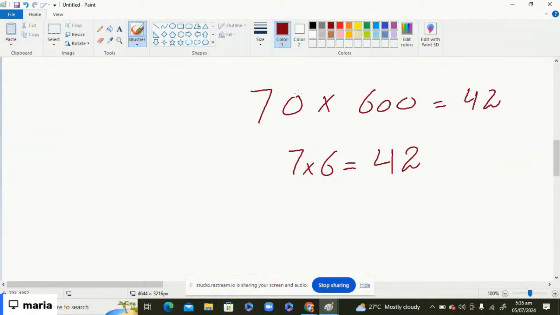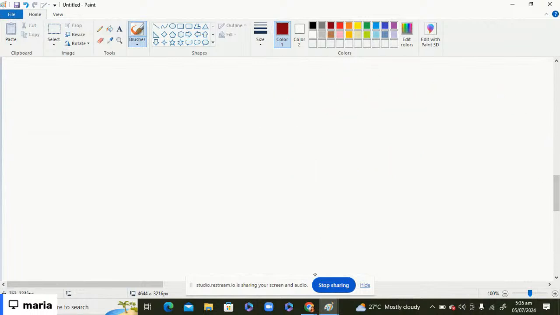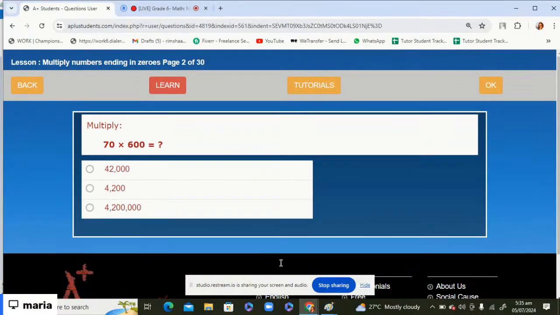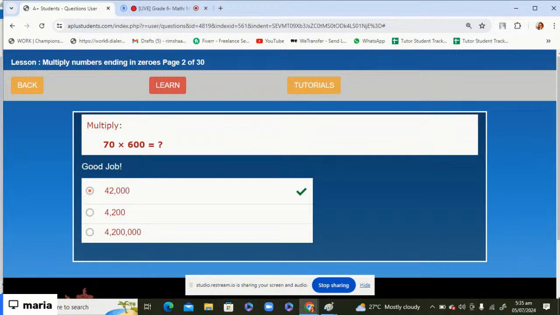Now count all the zeros. 1, 2, 3. That's it. Understand this one? Like how to solve it? Alright then, let's check the answer. Yes, this is the right answer.